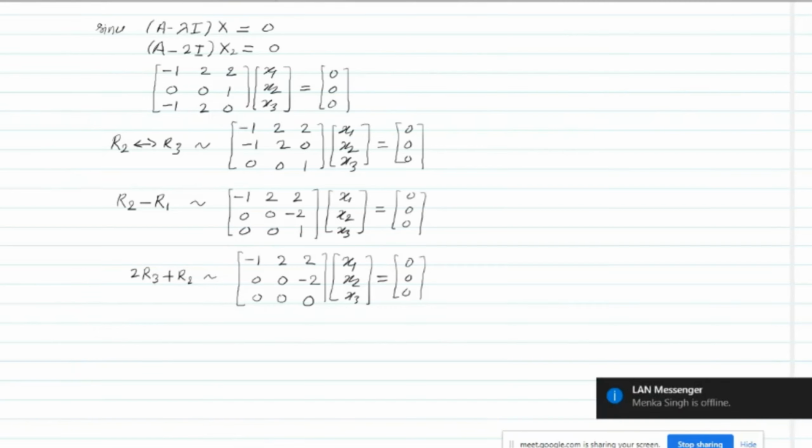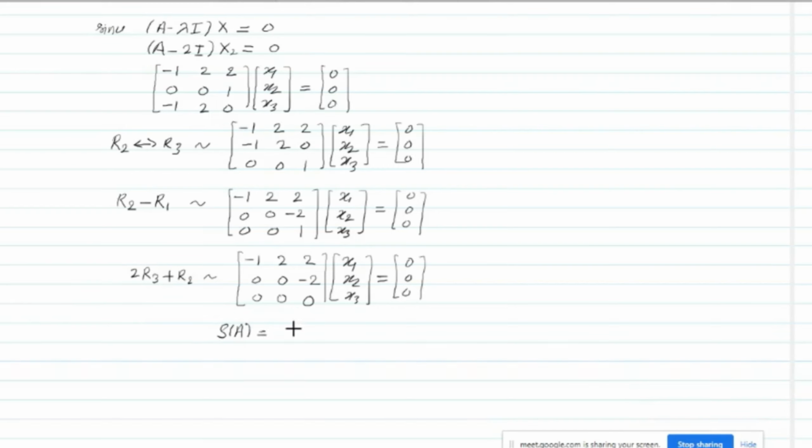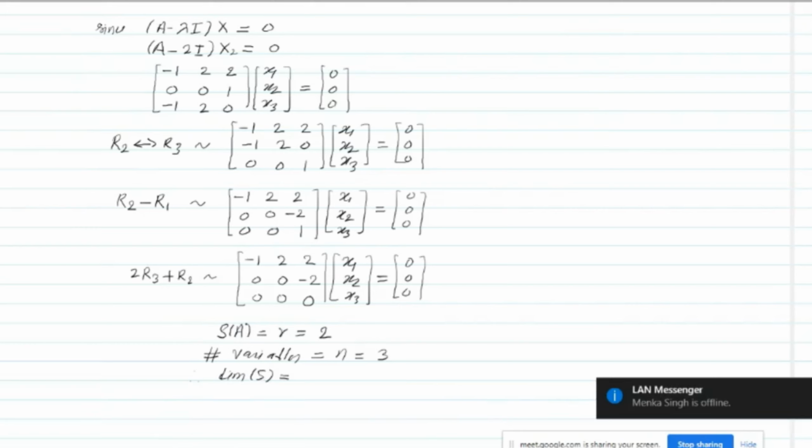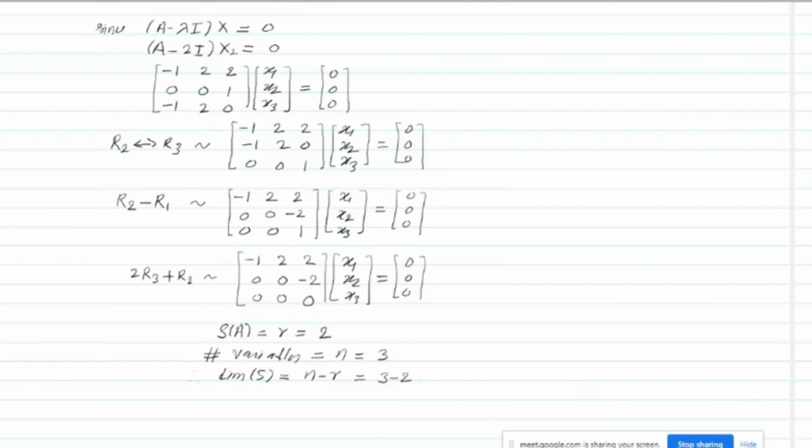What is the rank of this matrix? Rank of A is what? 2. Rank of A is 2, and that is r. And the number of variables is equal to n, which is how much? 3. Therefore, the dimension of the solution space is n minus r, that is 3 minus 2, which is how much? 1.